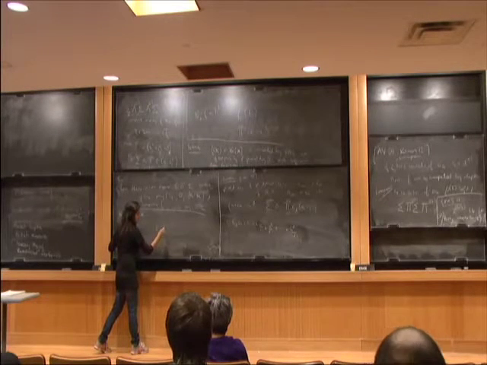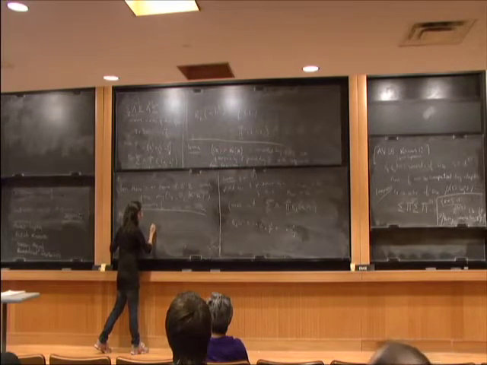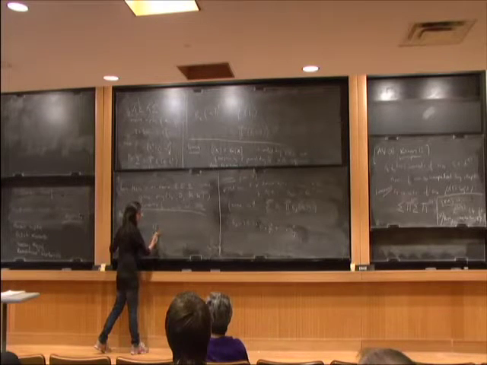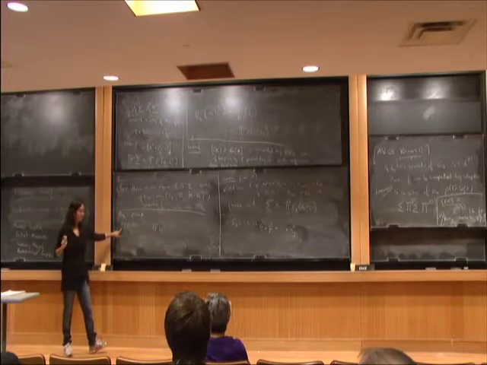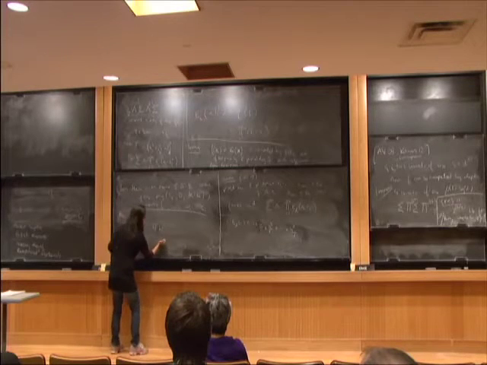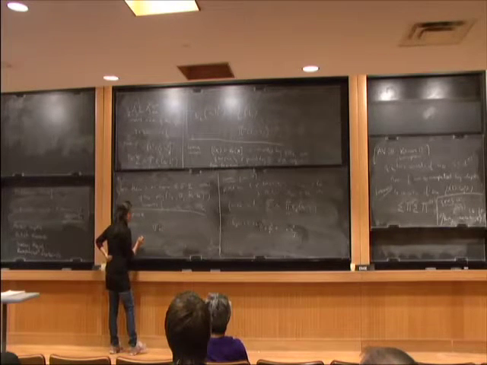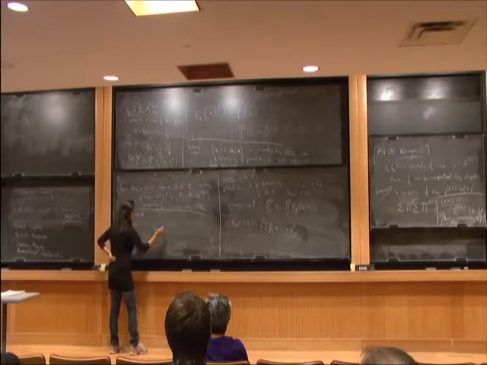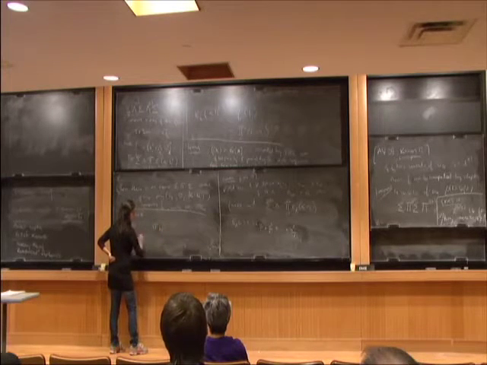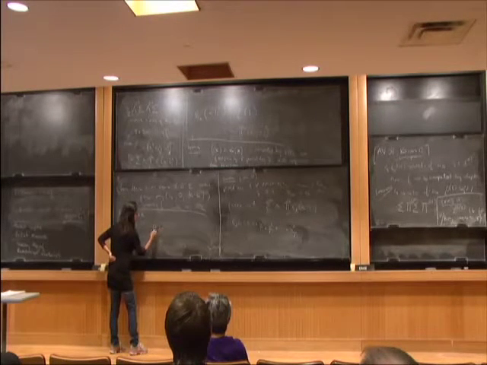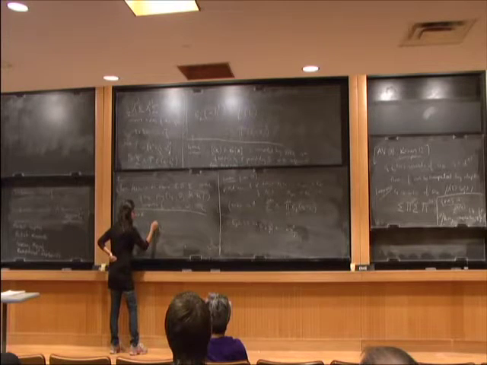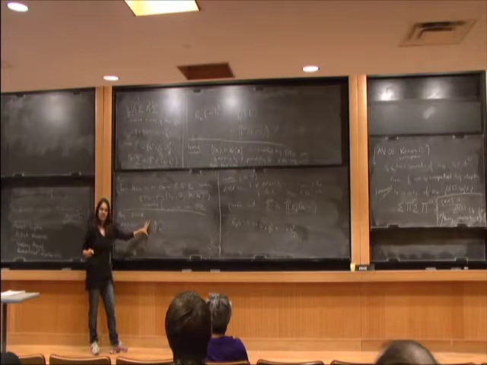So let's look at a product of linear forms, Li, i going from 1 to d. Let's just focus on any such expression.